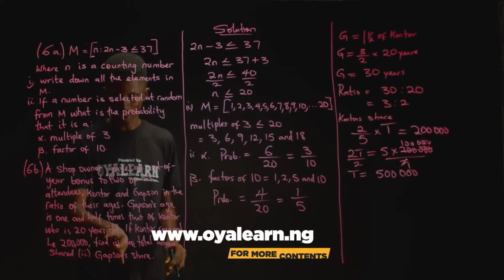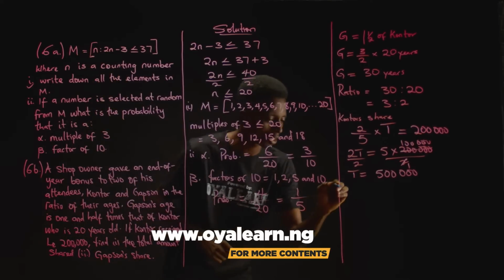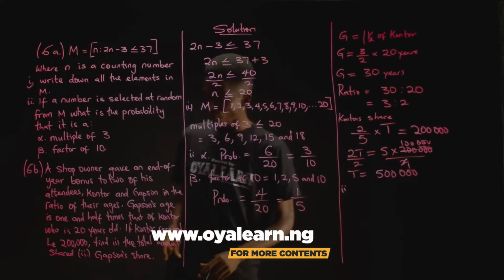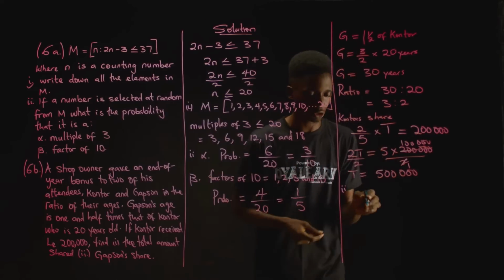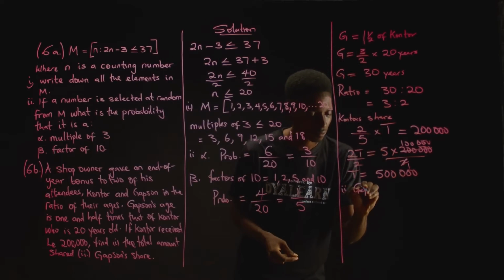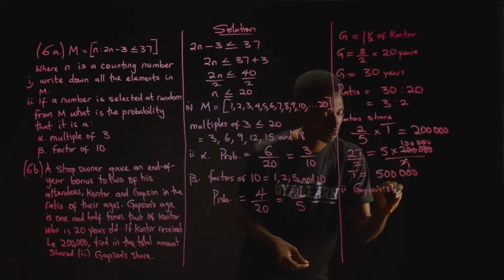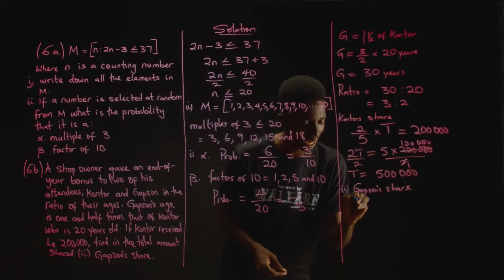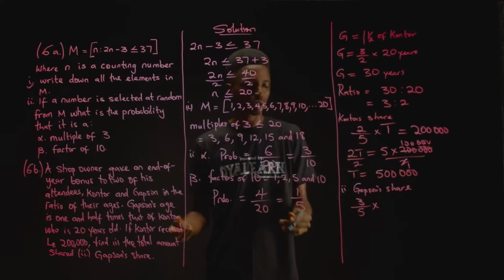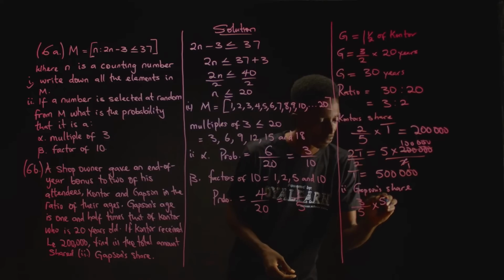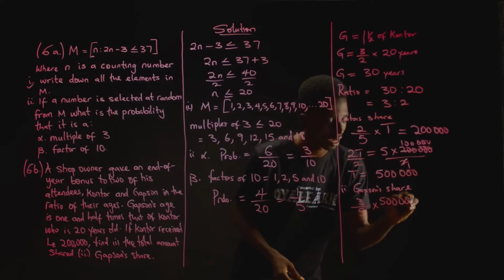That is just for the first part. Now the second part, we have to find Gabson's share. Now Gabson's share is 3 out of the ratio, so Gabson's share would be given as 3 over 5 multiplied by the total amount, which is 500,000.